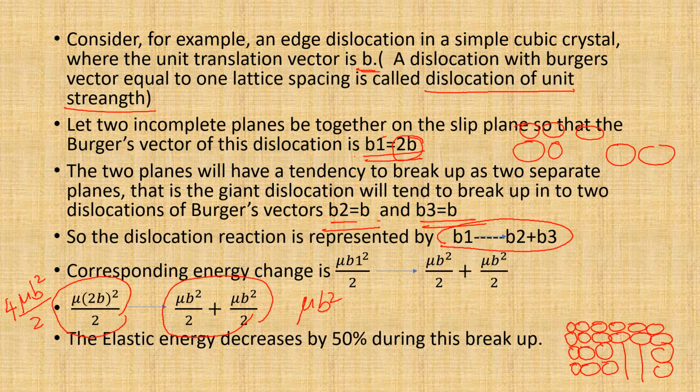So the left hand side is 4 mu b square by 2, that is 2 mu b square, but the right hand side is mu b square. So here the dislocation energy reduces by 50% during this breakup. We know that a dislocation reaction always tends to reduce the dislocation energy. Here the dislocation energy reduced by 50%, so this reaction is feasible.